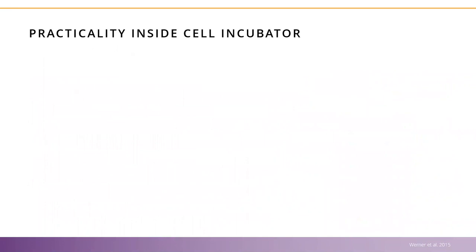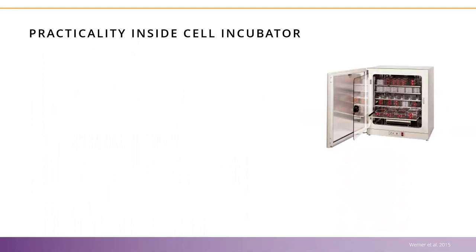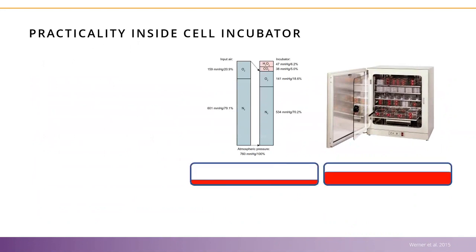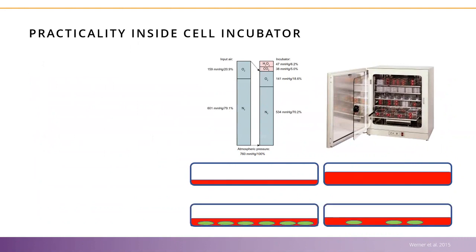But now to the practicality side of cells in an incubator. So you have the cells. We now know what the gas in the incubator does and how it's composed. We know that the height of your media plays a role. We also understand that the amount of cells in your plastics will affect the oxygen diffusion in your cell media.